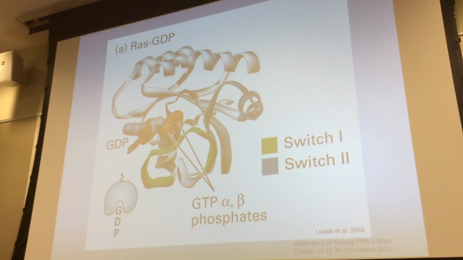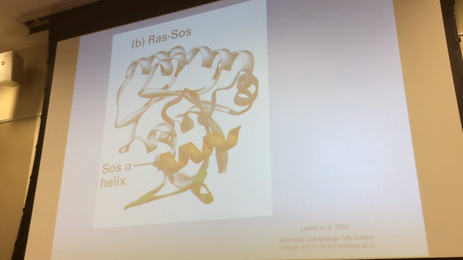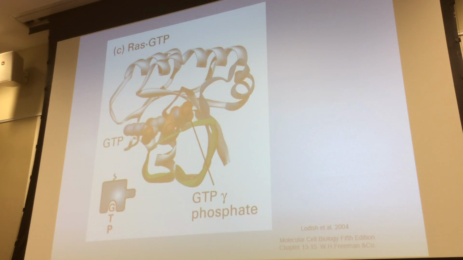So you can see this opening up and allowing the GDP to be released. You can pay some attention to that. And then that allows GTP to bind, and then this closes back up again.